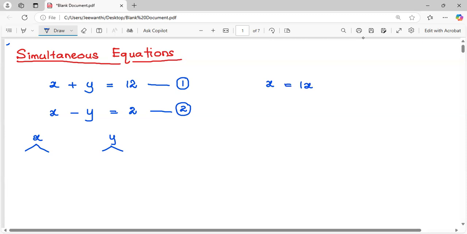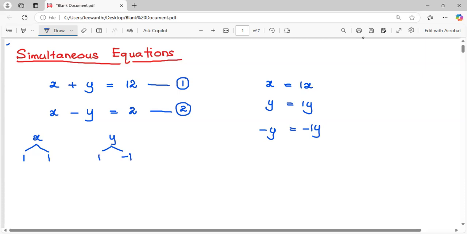Normally, if it is 1x, we don't write 1, we just write x. The same way, y means 1y. If it is negative y, it means negative 1y. So if I write the coefficients like this, I can write here 1 and 1, and here 1 and negative 1.